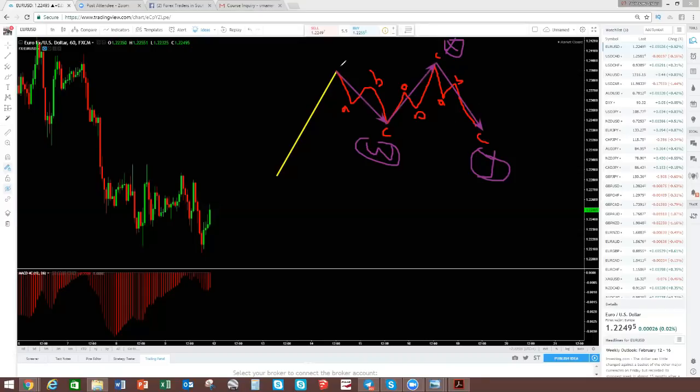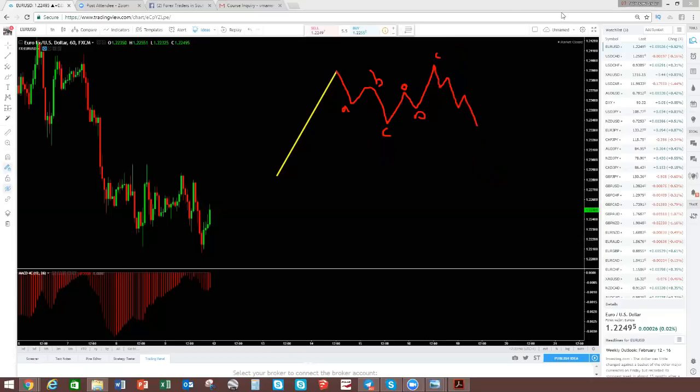So if you're getting a flat correction that is a 3, 3, 3, it just simply means that you've got combinations of corrections. But what if now your last piece ends with an impulse? That is 1, 2, 3, 4, 5. What is it now?